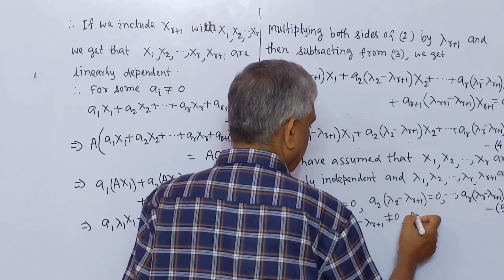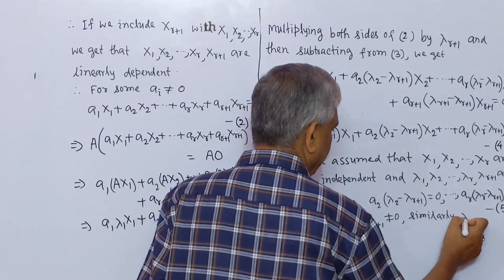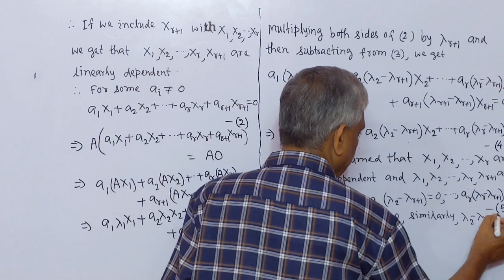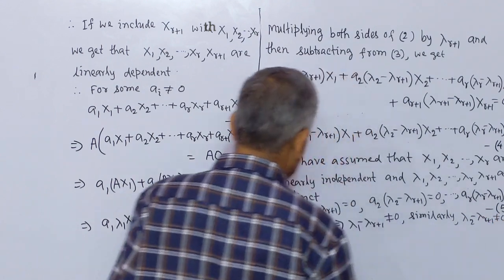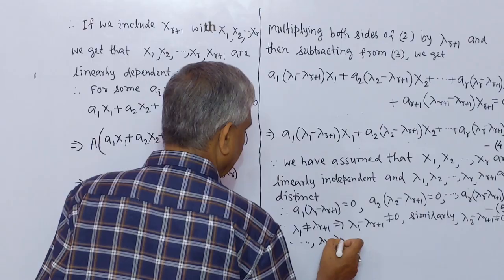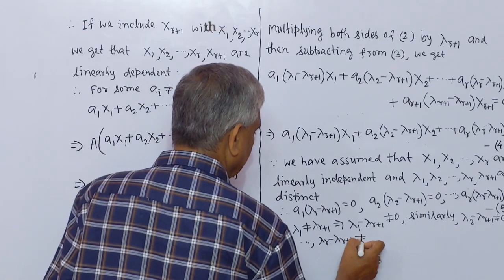Similarly, lambda 2 - lambda (r+1) is not equal to 0, ..., lambda r - lambda (r+1) is not equal to 0.